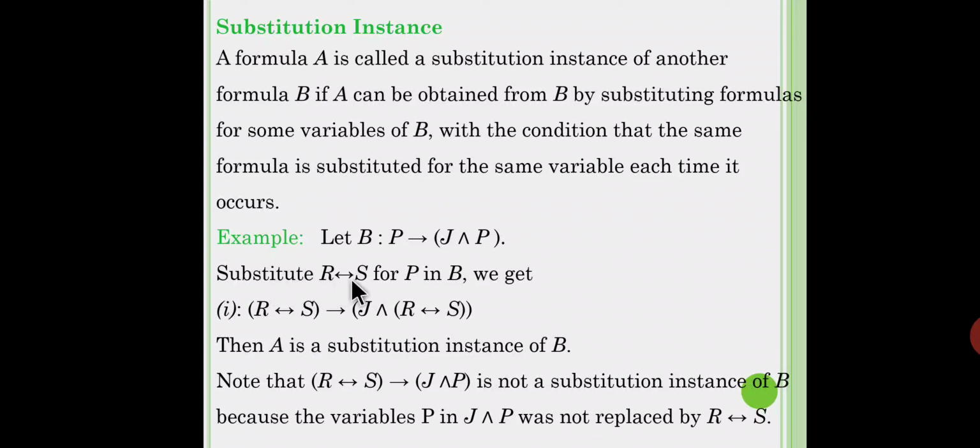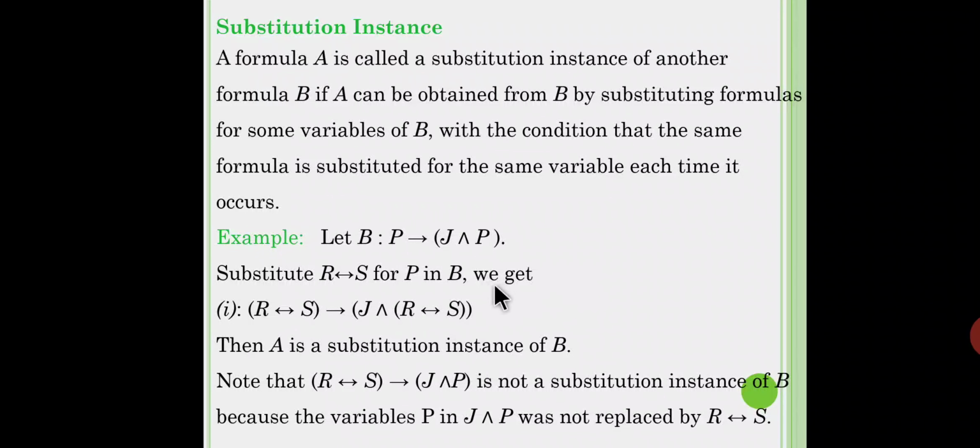Substitute R implication S for P in B. So in the B proposition we have to replace P by R implication S, and we get the A proposition. What is the condition? We have to replace R implication S in place of P in the B proposition.